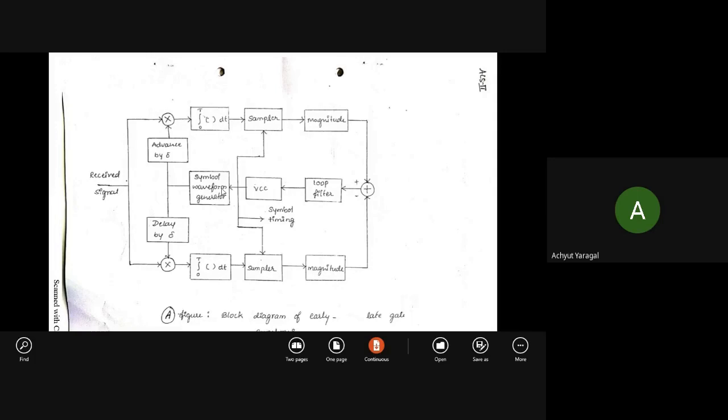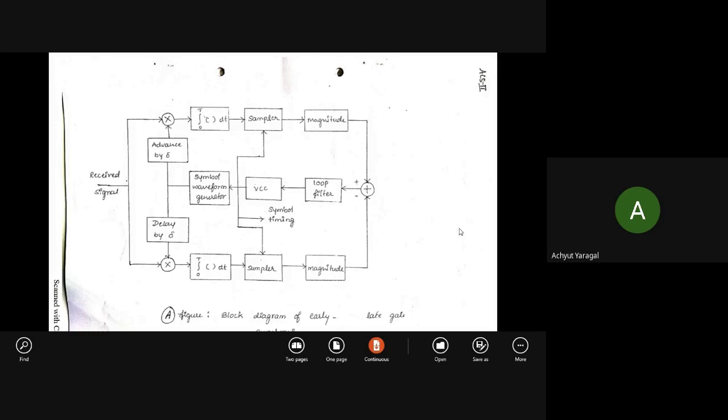This is how our early late gate synchronizer is going to work out. There is one more input to the sampler, that is the symbol timing, which comes from the voltage controlled oscillator and is given to both samplers.